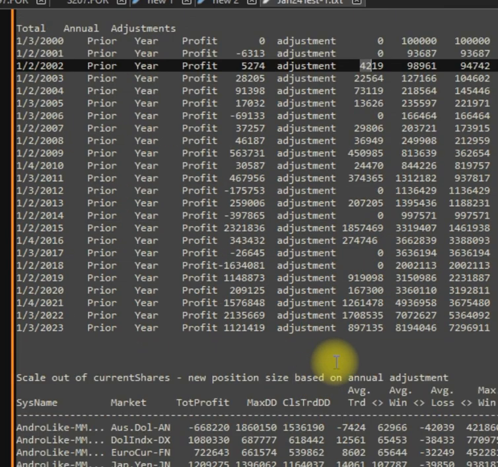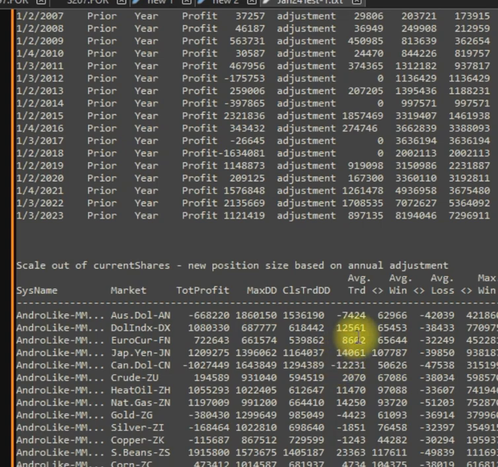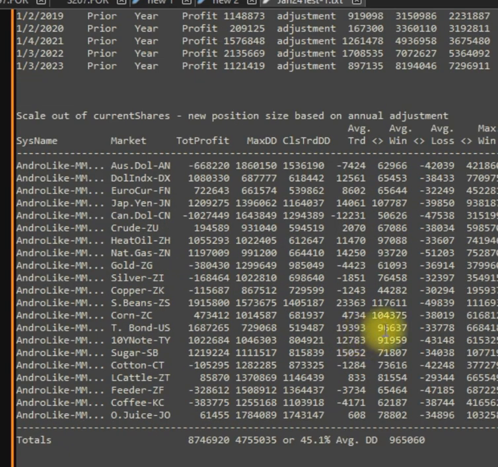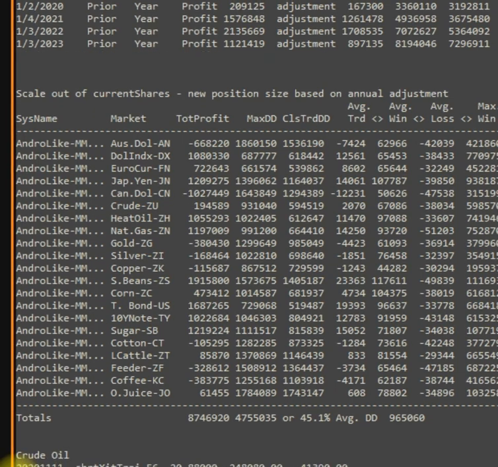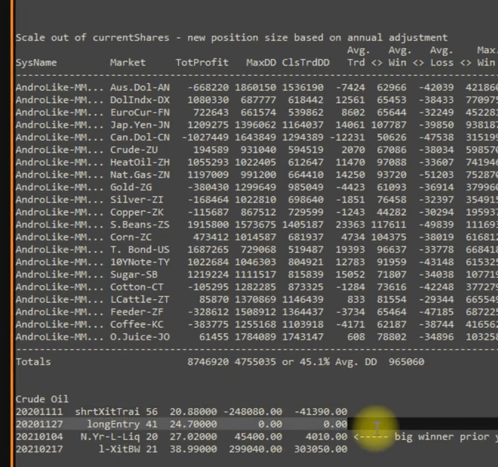And then I'm going to show you, which is really a cool feature, how you can, with Trading Simula 18, on an annual basis, at the beginning of each year, when you recalculate or rebalance, go in there and see, for example, I'm trading 41 crude oil, and again, this is fixed fractional 2%, so these are crazy numbers. I'm trading 41 contracts of crude oil, which is a lot of crude.